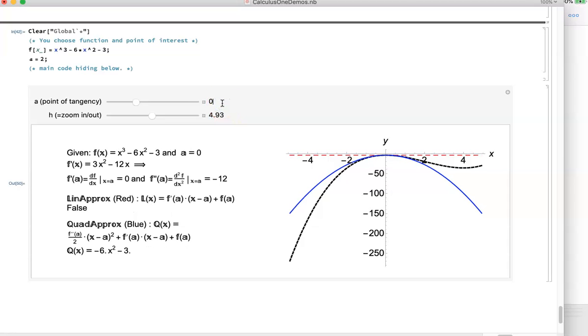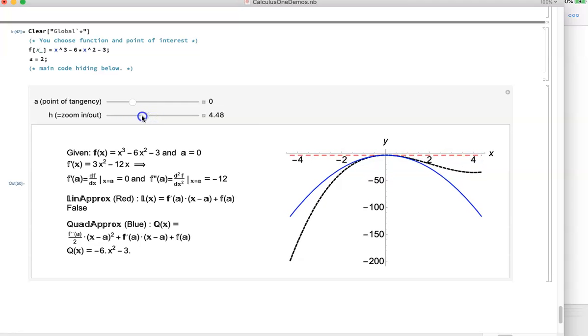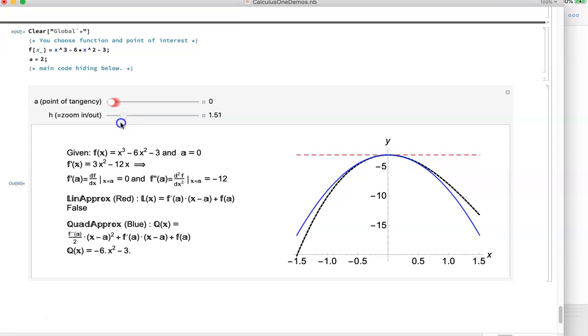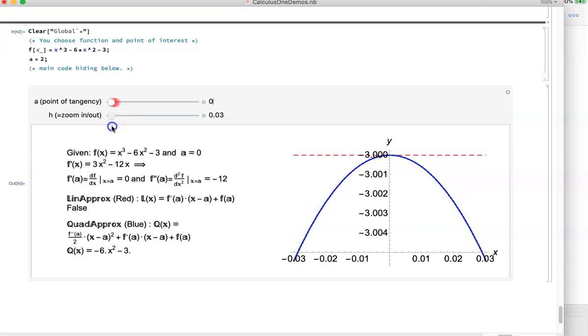Then you can see that the blue graph, the quadratic approximation, is opening downward, which means that if you were to zoom in on this graph, that function, the black dotted line, would look an awful lot like a parabola. And that parabola, because of the second derivative being negative 12, has to open downward.